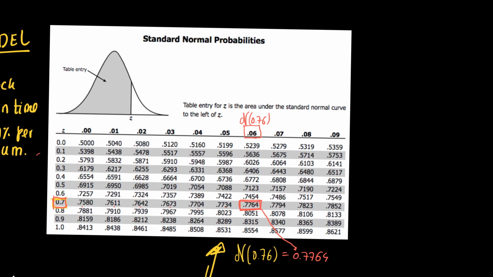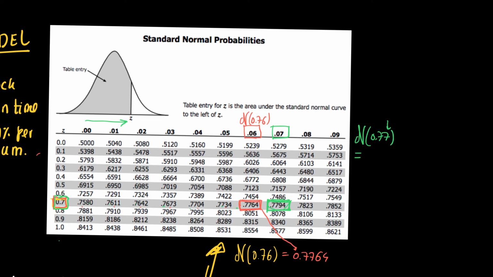Now I want to know n of 0.77, and again, I start in 0.7 and I will move forward until I find the other part, the 7. So it's going to be here. So again, 70, 71, 72, 73, 74, 75, 76, 77.